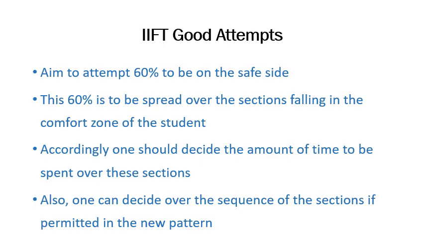Accordingly, one should decide the amount of time that he has to spend over these sections. That will optimize his attempts over the given time. And also one can decide the sequence of the sections if that is permitted in the new pattern, that is the online pattern. That's it.